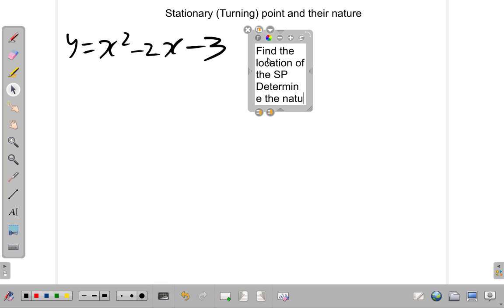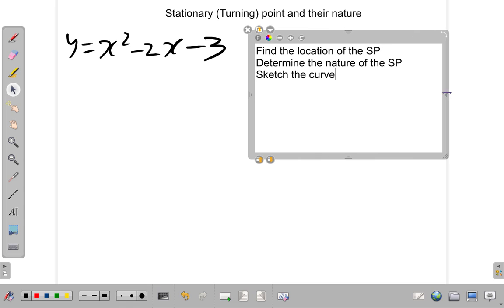Determine the nature of the SP and sketch the curve.